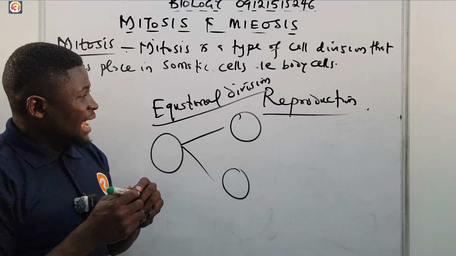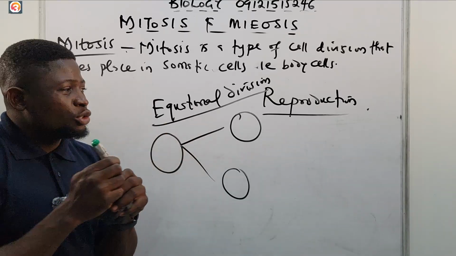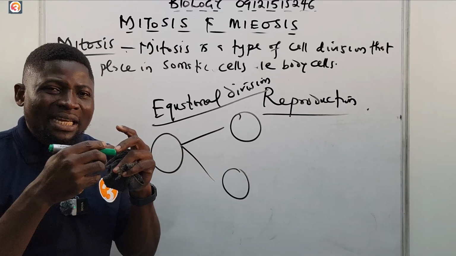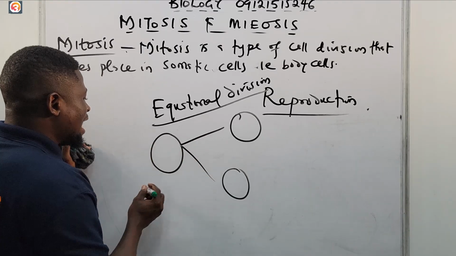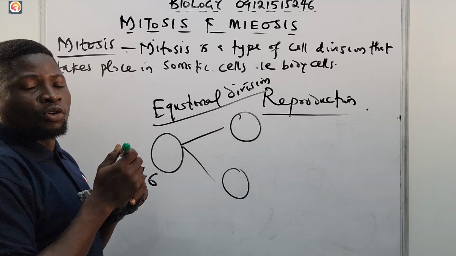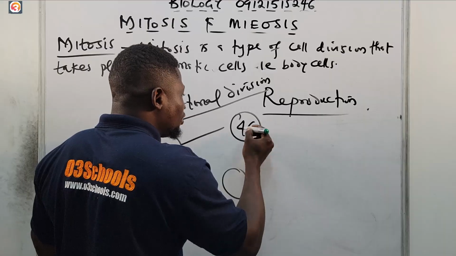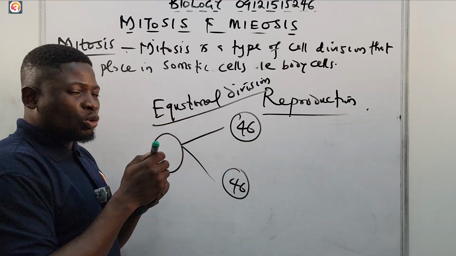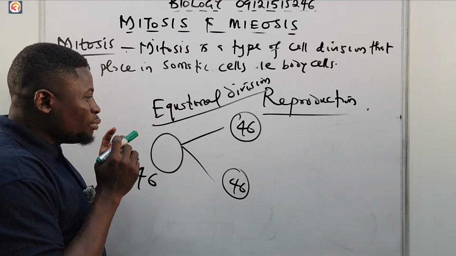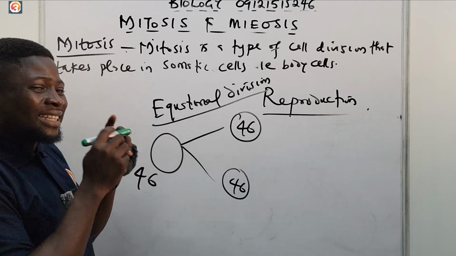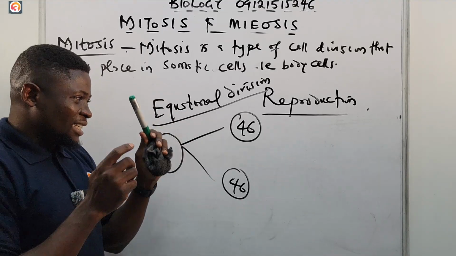And because in mitosis the parent will divide into two daughter cells, it also means that if you have a parent that has 46 chromosomes, the two daughter cells will also have 46 chromosomes. That's what happens in mitosis. It takes place in somatic cells, that is body cells.